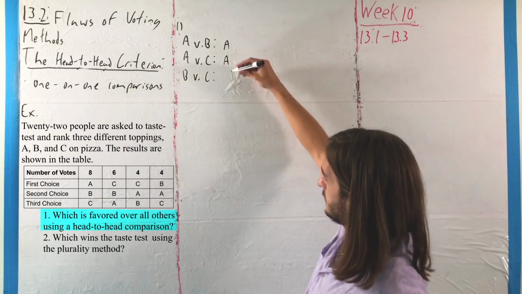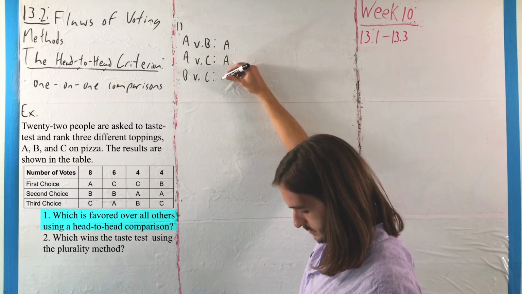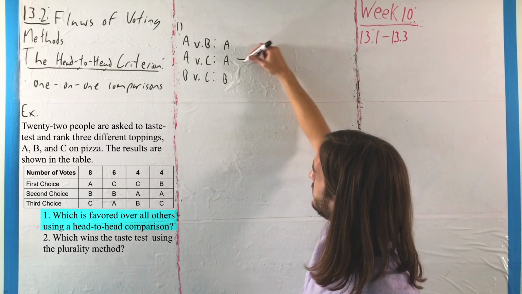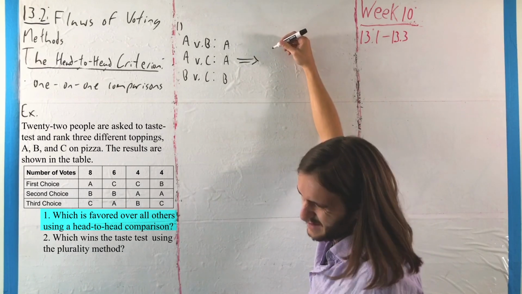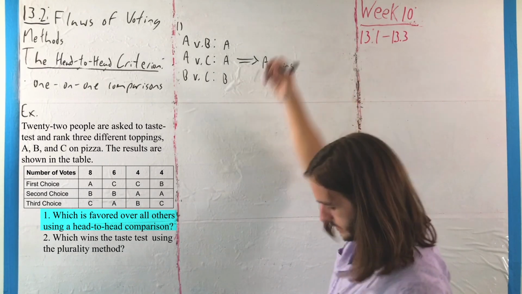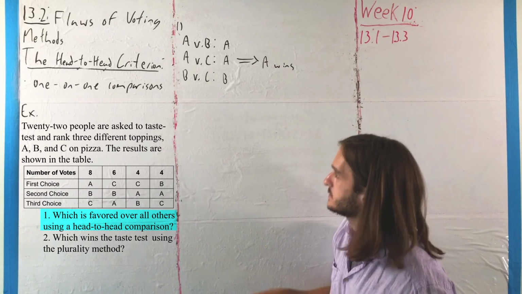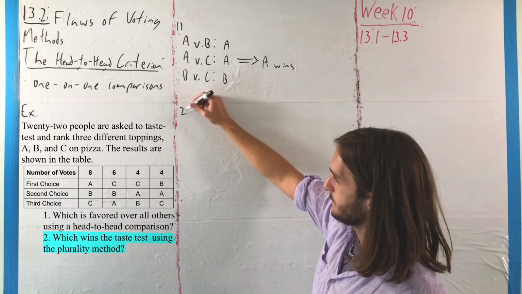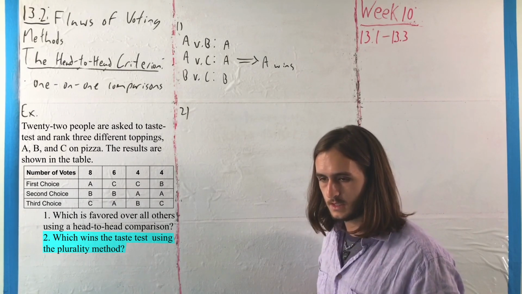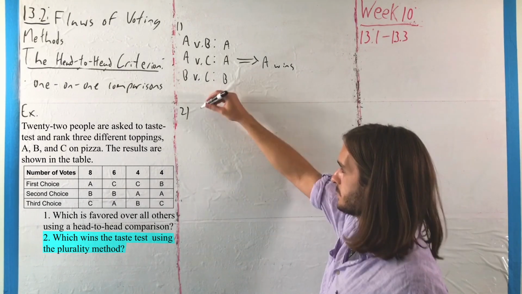So, because columns 1 and 4 have 12 votes, B would win there, but like we said, that's not very important because A would win based on pairwise comparison. On the other hand, if we use the plurality method, we can see that C wins columns 2 and 3.